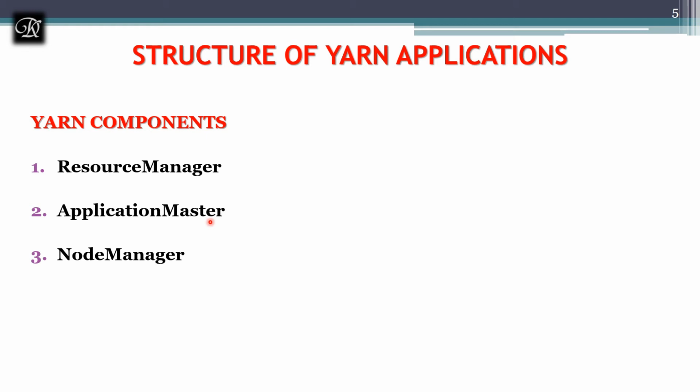Also, it is responsible for communicating with the resource manager and the node manager using extensible network protocols. It is responsible for communicating with the node manager and the resource manager, for handling the faults, and for dynamically increasing and decreasing the resources.